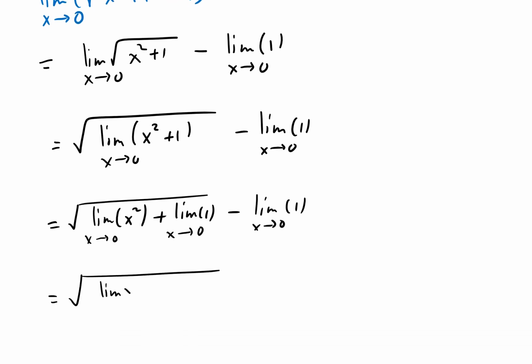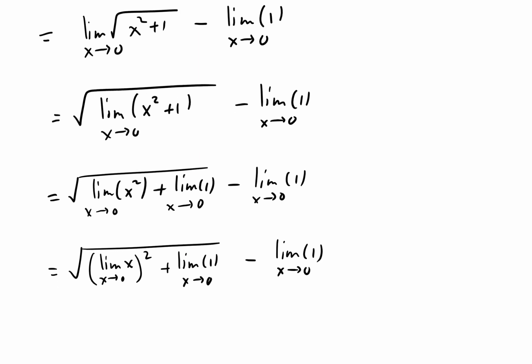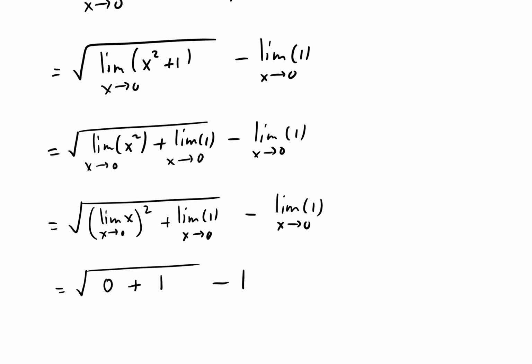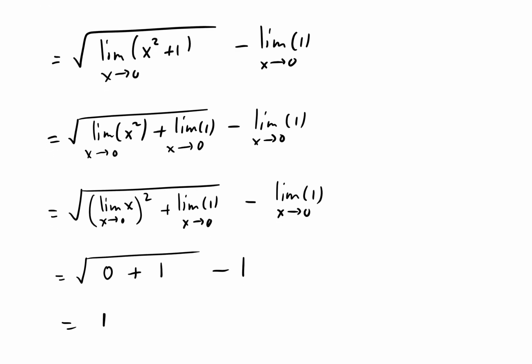This one, we use the limit as x approaches 0 of x all squared. Keep everything else the same. When we are ready to pass the limit, we do it to all of them at the same time, which is now. So this is 0 squared, 0 plus 1 minus 1. And that would give us the square root of 1, 1 minus 1. That's a 0.